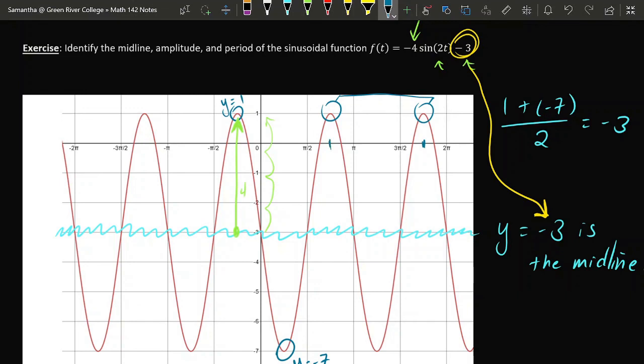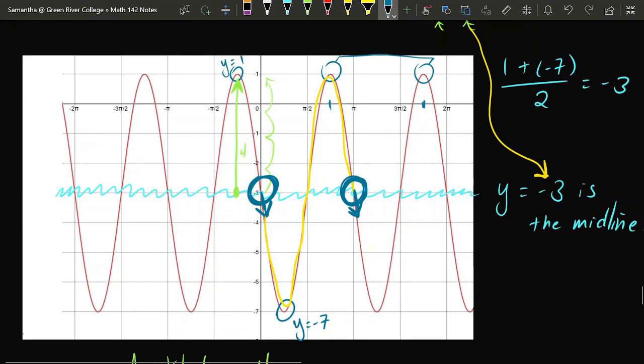So instead, I will look at this location here in the center where the graph is passing through the midline going down. And I will follow the wave through one full cycle, down and up and back down, until I reach a matching location where the graph is going through the midline going down.